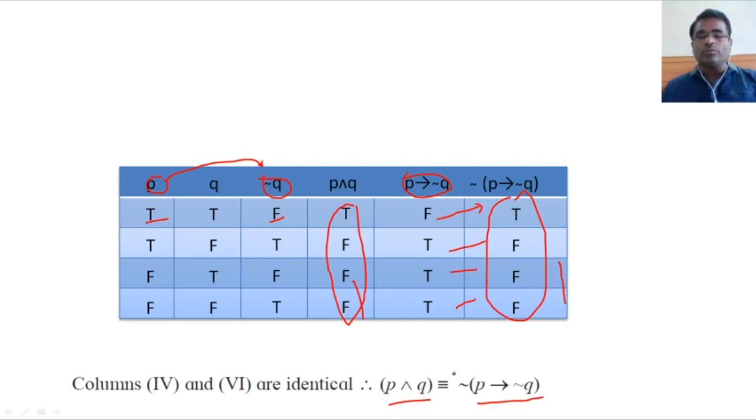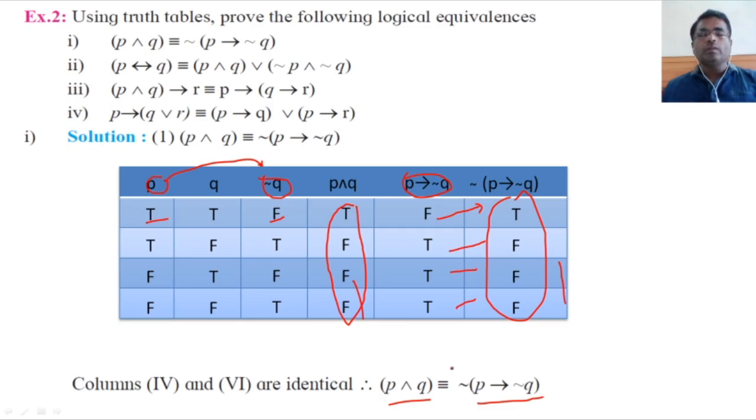So this is the example. Using truth tables, prove the following logical equivalences. Here we have proved the first one: P and Q is logically equivalent to negation of P implies negation Q. Similarly, you can prove the logical equivalence of the remaining three statements. Just write them down and afterwards you can check their logical equivalence.